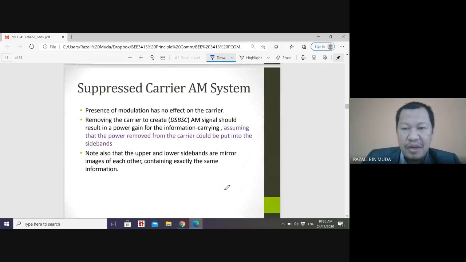Okay, so what happened actually? First, the suppressed carrier AM system. The presence of modulation has no effect on the carrier. Removing the carrier to create a double sideband suppressed carrier AM signal should result in a power gain for the information carrying part, assuming that the power removed from the carrier could be put into the sidebands.